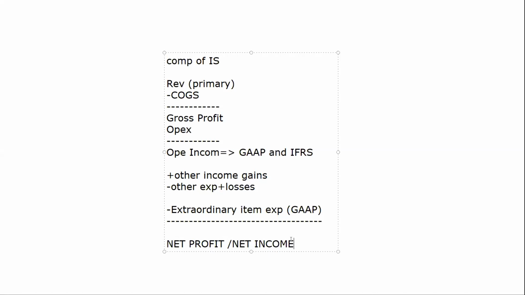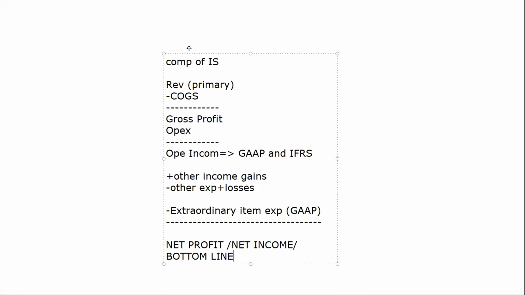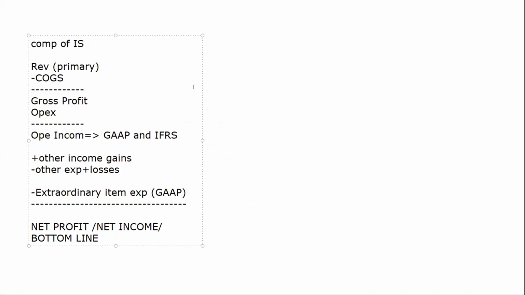These words are used interchangeably. Whatever is derived, all revenues minus all expenses will get you to the bottom line, to the net profit. This is the main idea. So this is all about the revision of how the income statement is constructed.